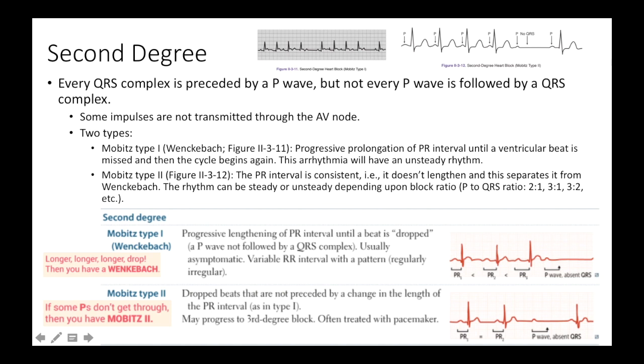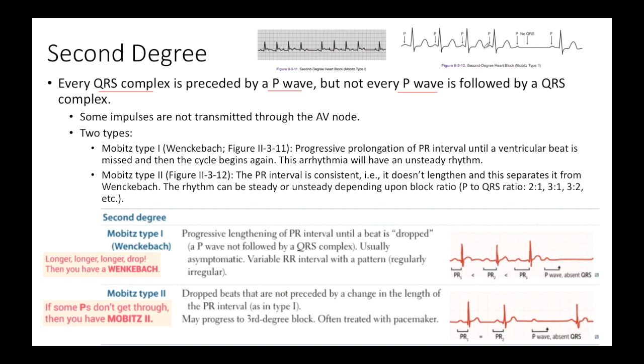Then we have second degree heart block, which has two different types. In second degree heart block, with every QRS complex, there is a P wave in front of it, but not every P wave has a QRS complex after.